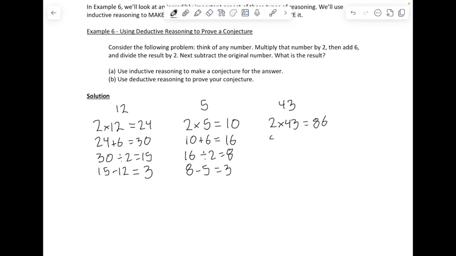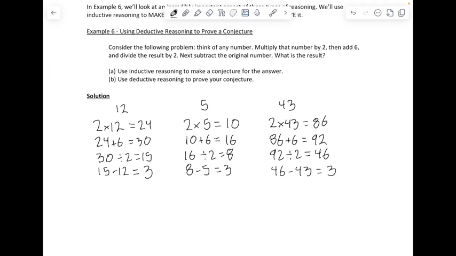Add 6. 86 plus 6 equals 92. Divide by 2. 92 divided by 2 equals 46. Subtract the original number. 46 minus 43 equals 3.